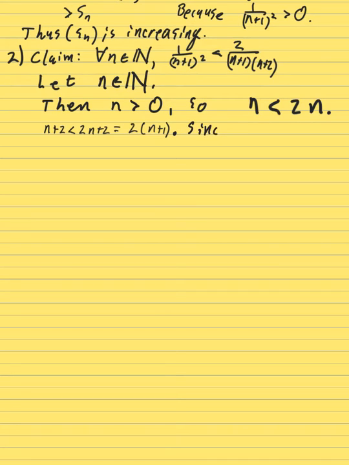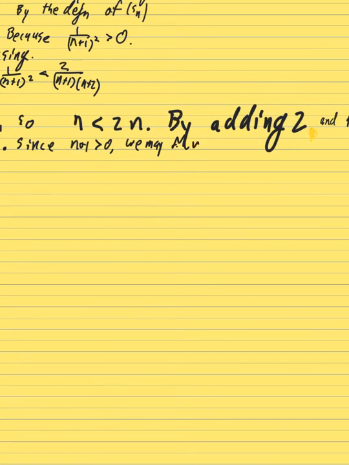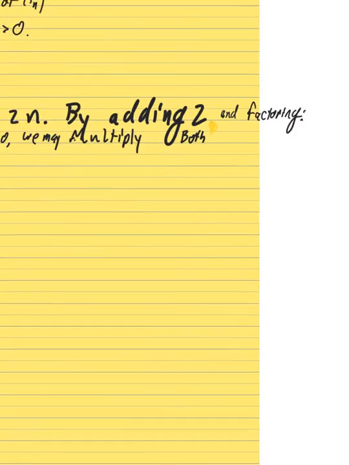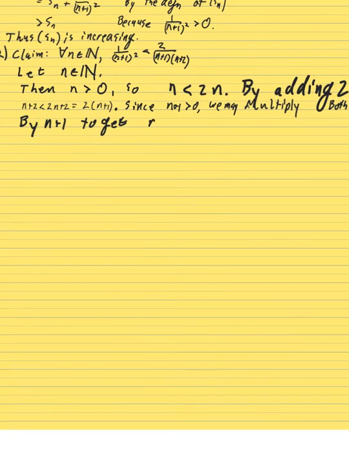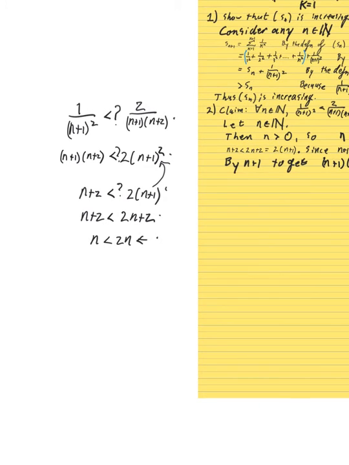So let's see, since n plus 1 is bigger than 0, we may multiply both sides by n plus 1 to get (n plus 1)(n plus 2) is less than 2 times (n plus 1) squared. Good. So that gets me to there.